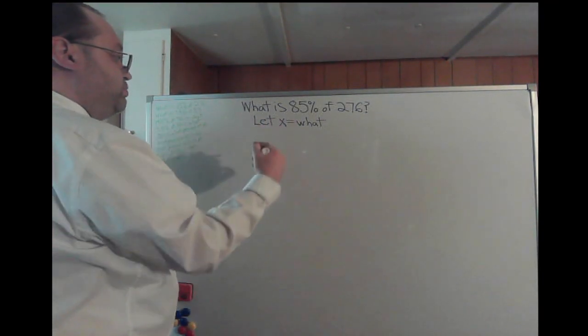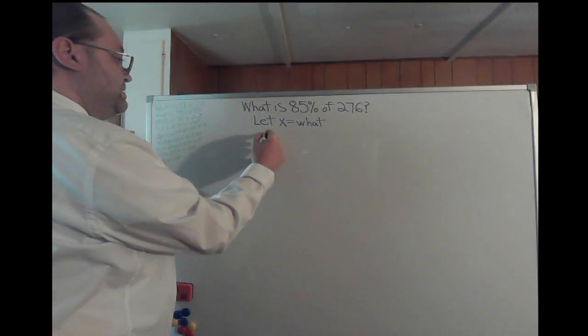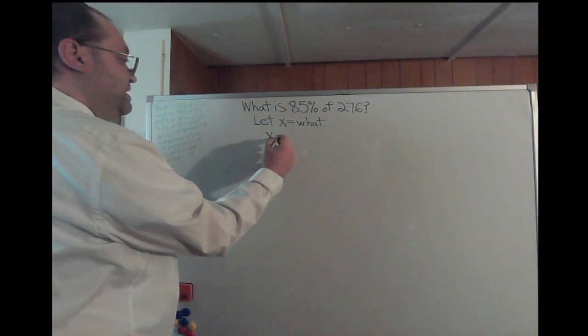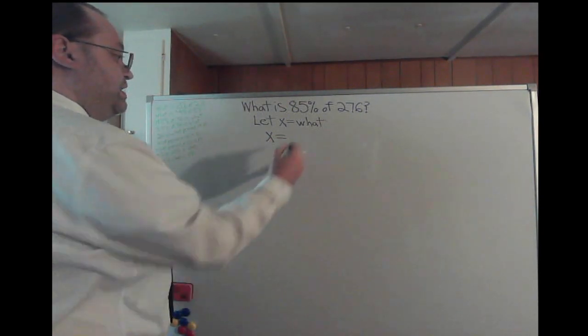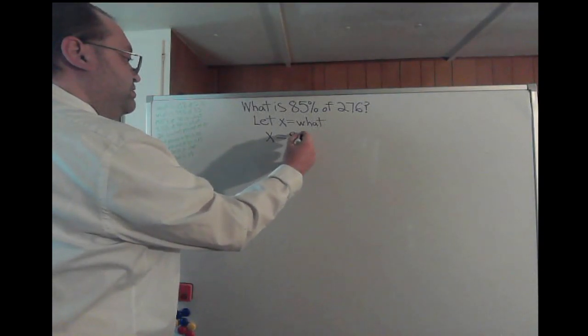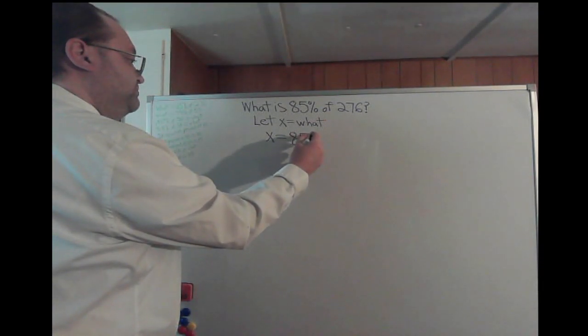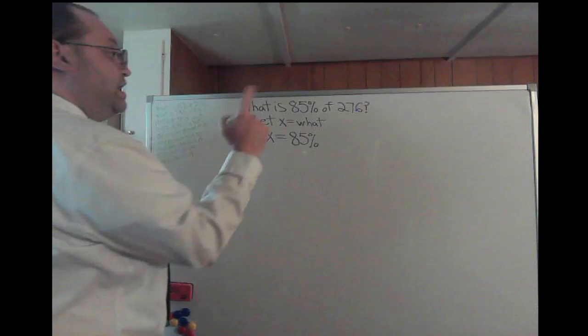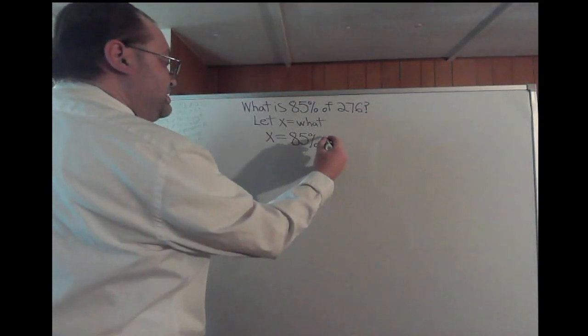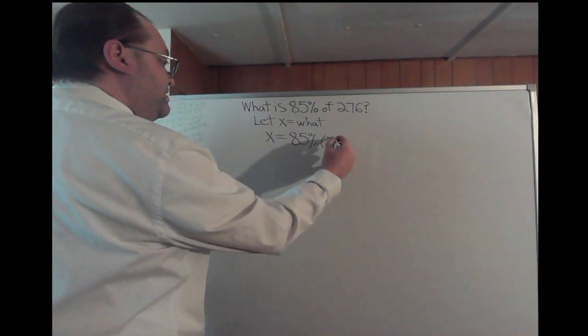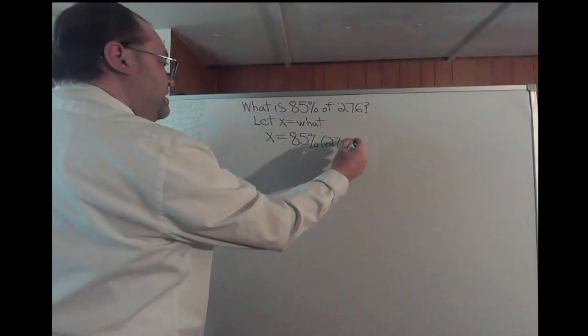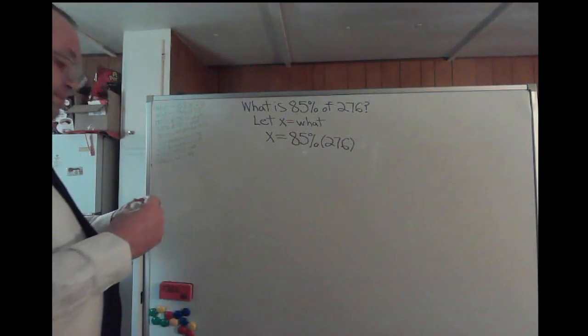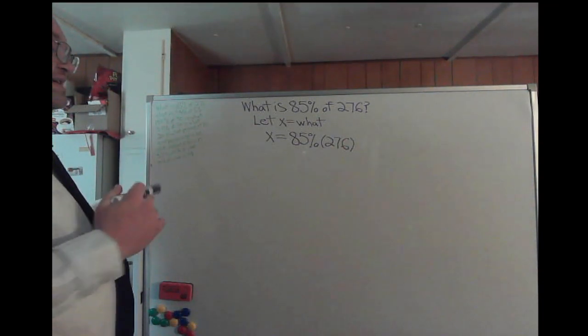So x equals what? So what that x is, which means equal to 85% of 276. That'd be times 276. Alright, I'm writing the multiplication in parentheses because it'll be easier.